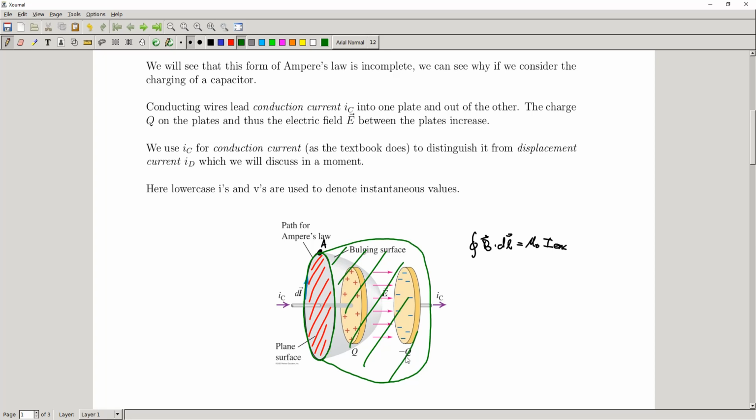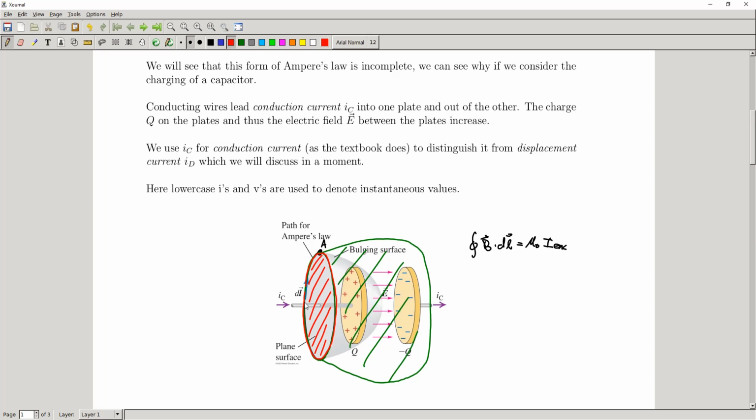So if you chose that surface to be the surface through which you're finding your enclosed current, well, you'd still be okay, right? You could still do the integral over the loop. It doesn't change the loop. You're still doing the integral around this loop here. So the integral is still easy, no problem.